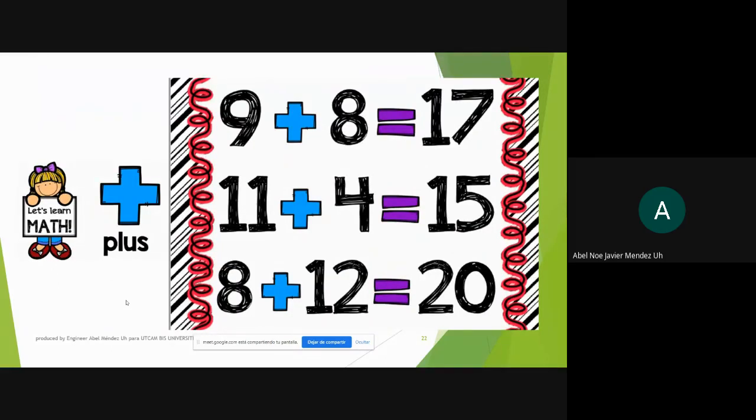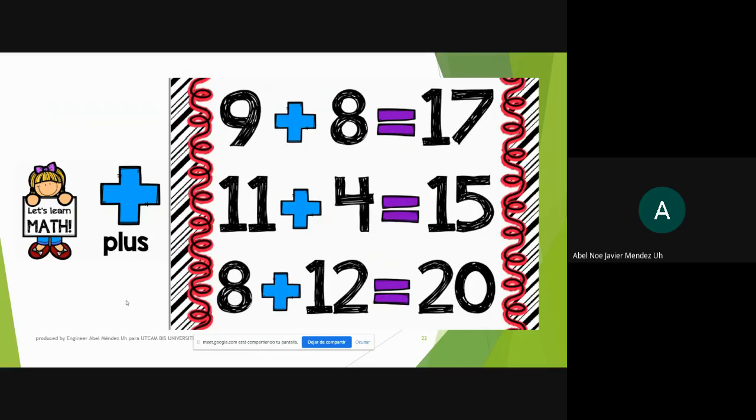How do you say these operations? These are additions. We are using this symbol in the blue color. It's plus, not plus.